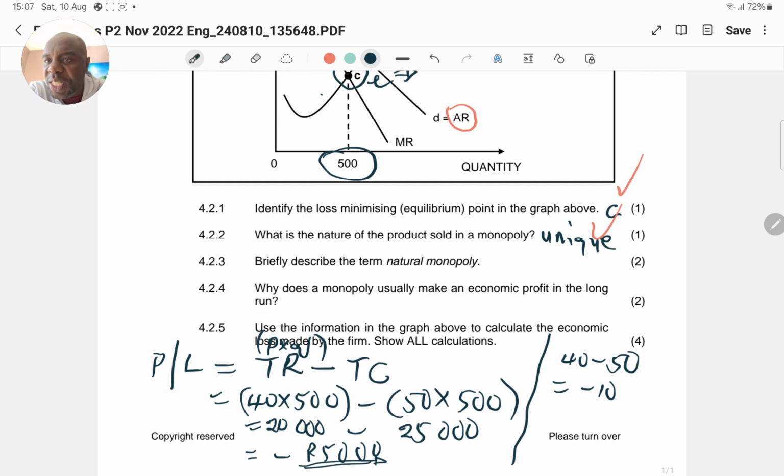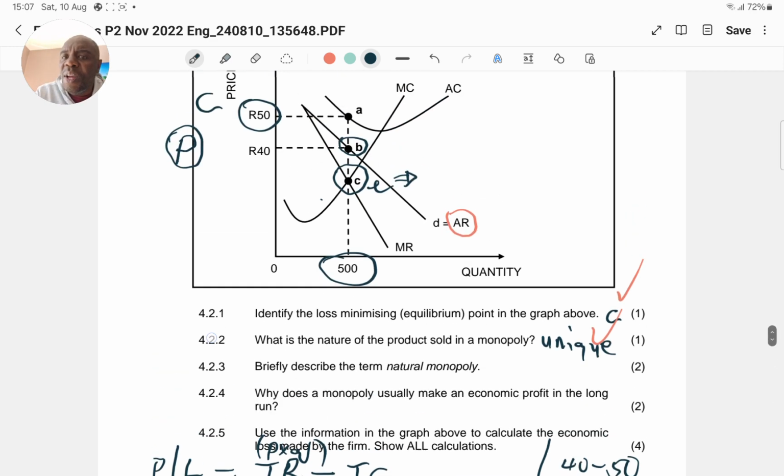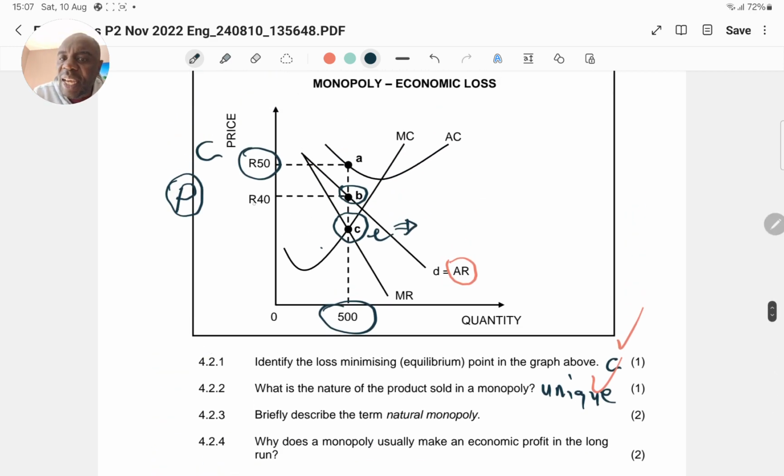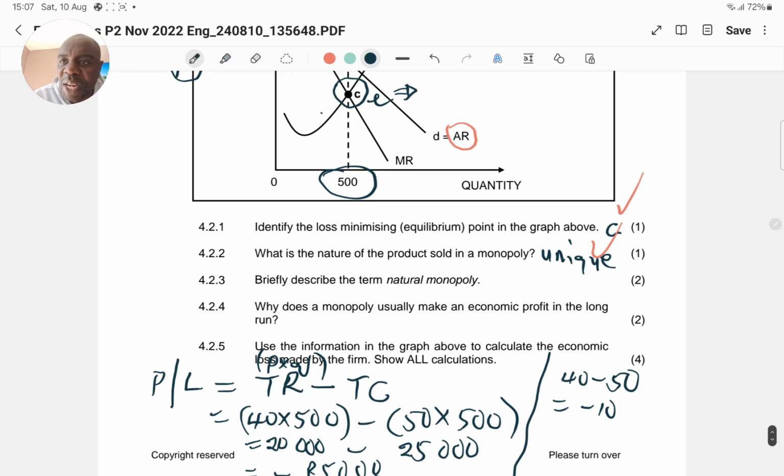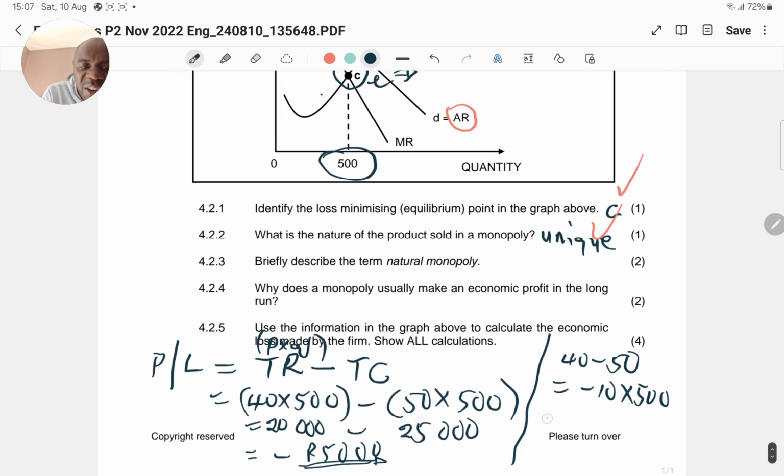Each and every product on the market, we made a loss of 10 rand. Where's the 10 coming from? I sold the product at 40 rand, but it cost me 50 to produce it. So I'm making a loss of 10 rand per product. But how many units were produced and sold? It's 500. Then it's negative 10 times 500. Again, it gives me negative 5,000 rand.